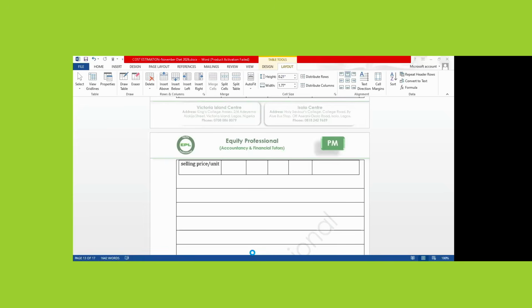These are costs that vary in direct proportion with the volume of production. The more you produce, the more the total variable cost incurred.